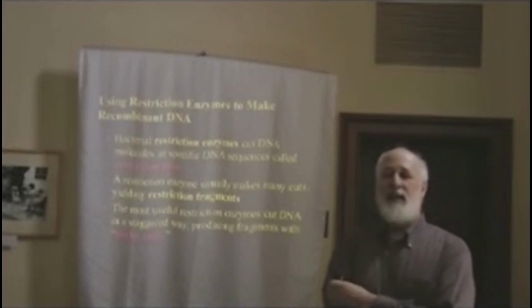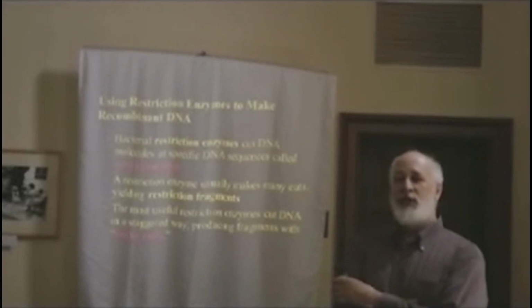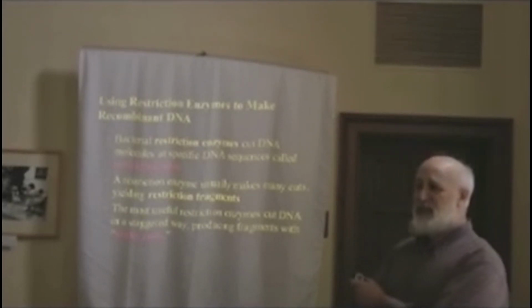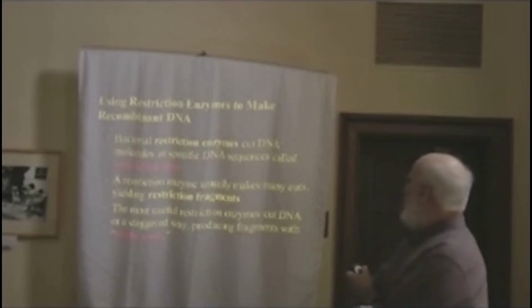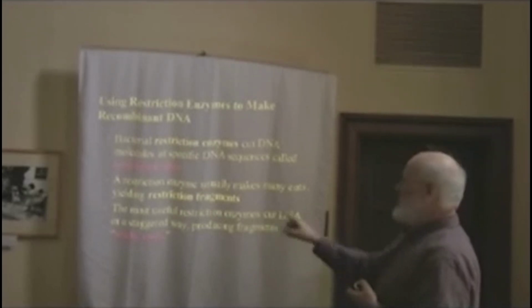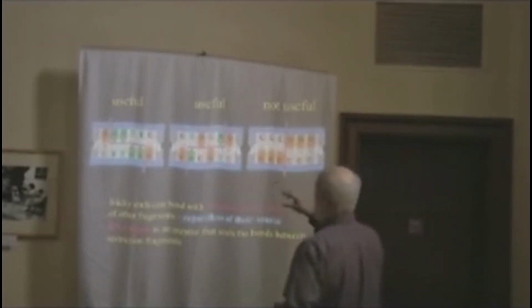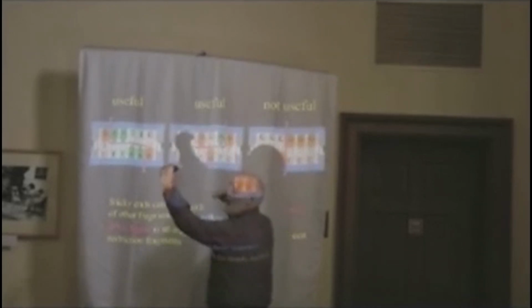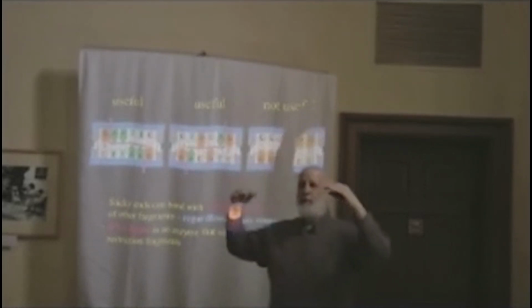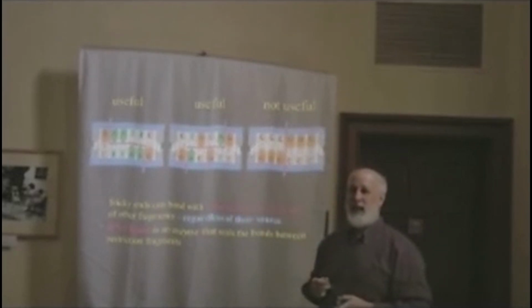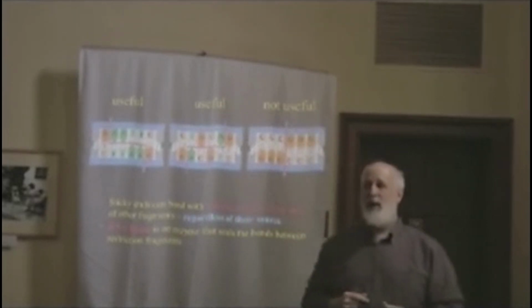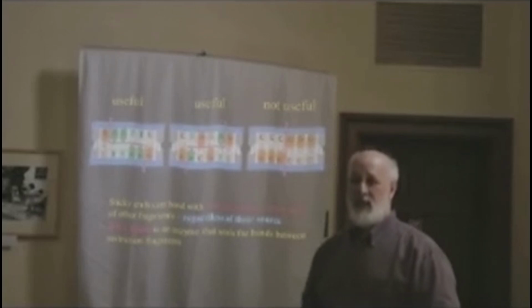Okay, so to go into a little more detail on how we do this, using restriction enzymes to break down DNA from different sources. What we want to do is get sticky ends. And this is what a sticky end is. This and this are complementary pieces that, when they are broken apart by the restriction enzyme, will match up with those same ends regardless of what source of DNA.